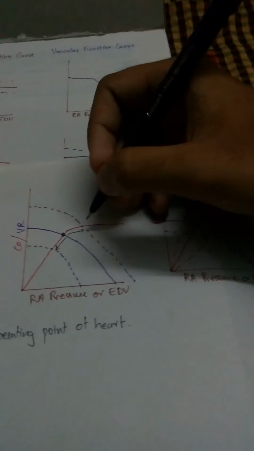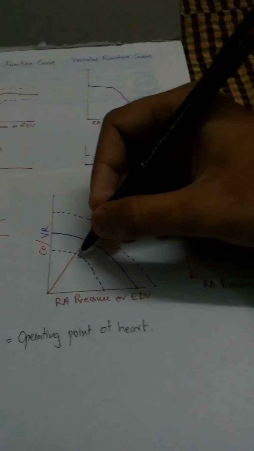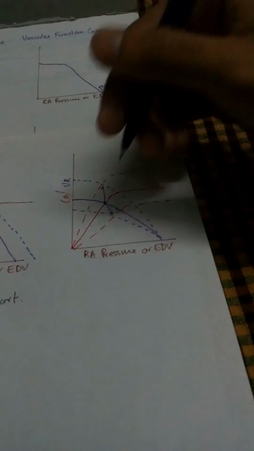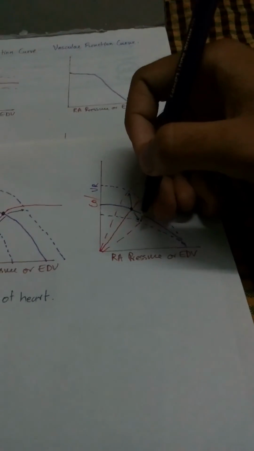The increased venous return shifts the operating point of the heart forwards, and decreased shifts it downwards. The effect of total peripheral resistance is seen on both, so it shifts it upwards and backwards, and downwards.